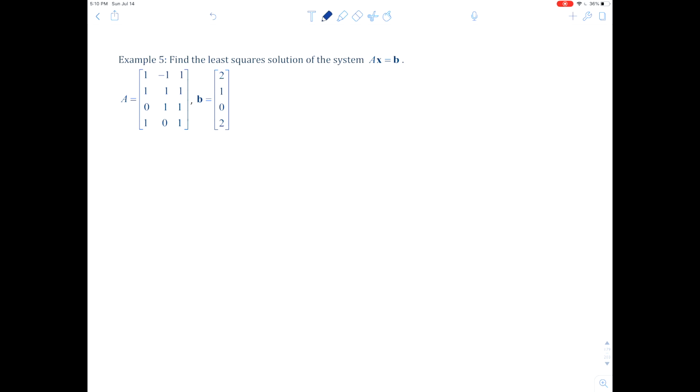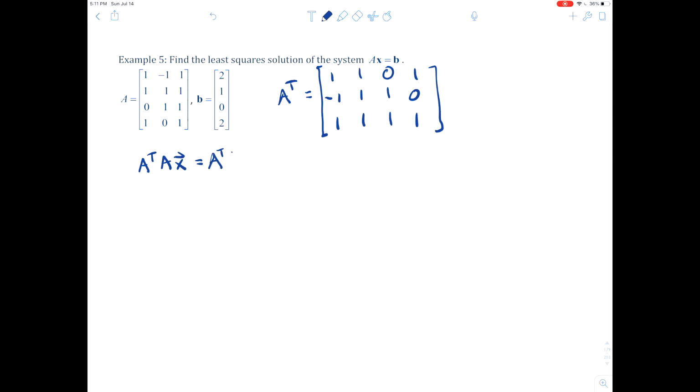So we have A, we have B, we need A transpose. So what is A transpose? Good, we'll have 1, negative 1, 1 going down, and then 1, 1, 1, 0, 1, 1, and 1, 0, 1. Cool so far? So we need to solve A transpose times A times X equal to A transpose times B. Cool so far?